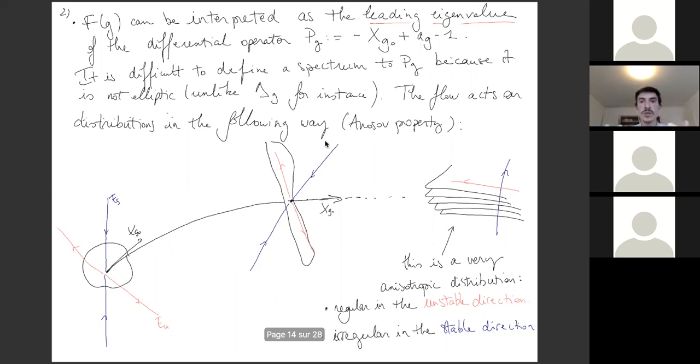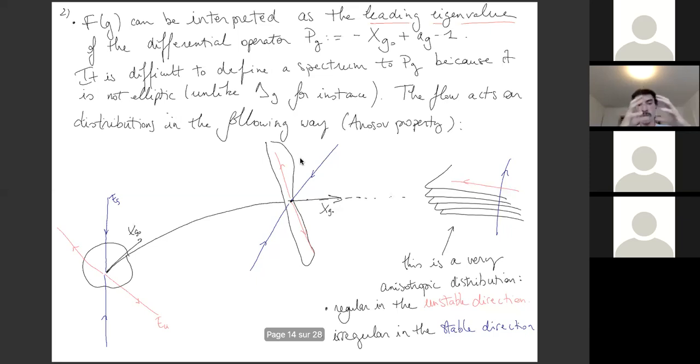So to be able to define a spectrum and to interpret this Fg as a leading eigenvalue, I need to say a bit how we do this. And what is important to understand is how the geodesic flow acts on distributions. So your geodesic flow, say you're in negative curvature, is going to be Anosov.